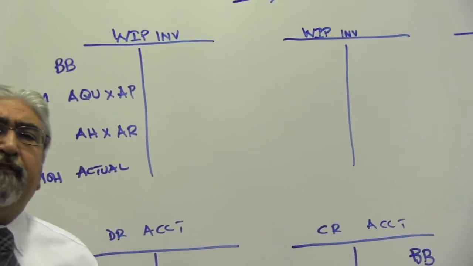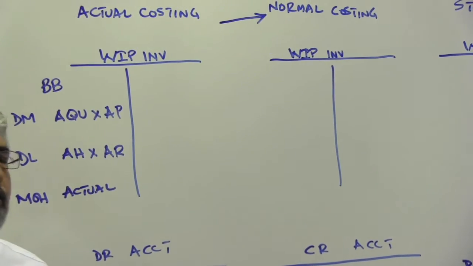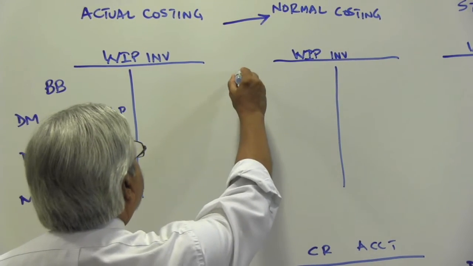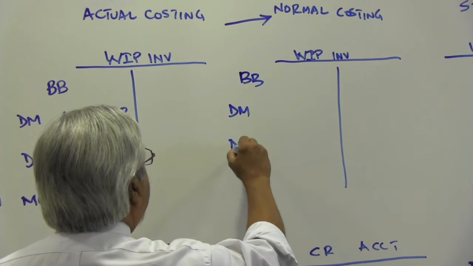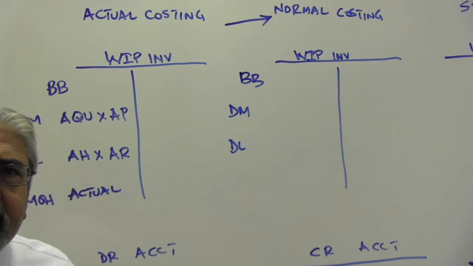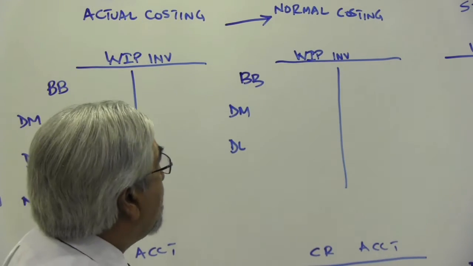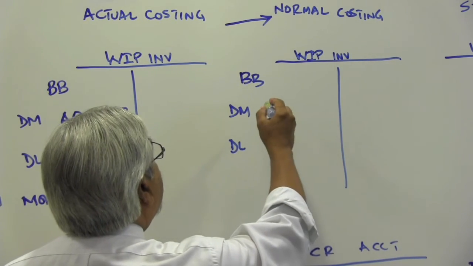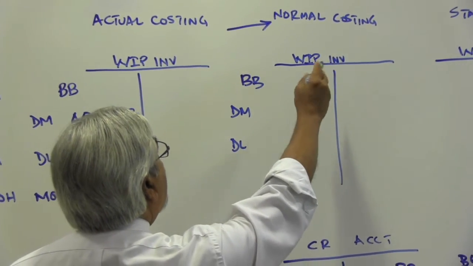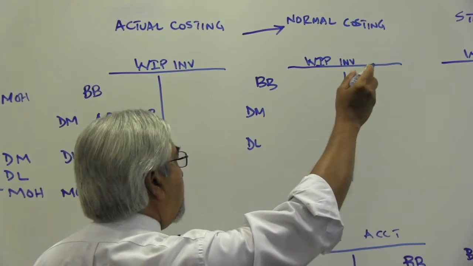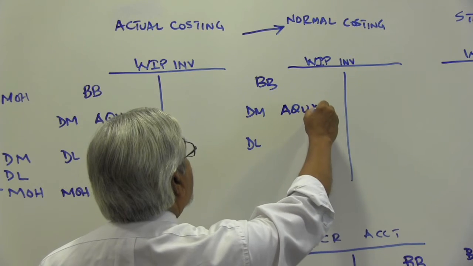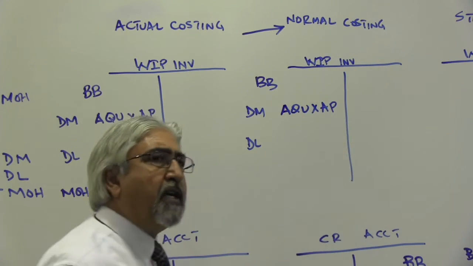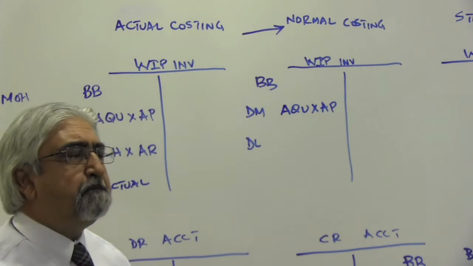There is no difference between actual costing and normal costing in terms of direct materials and direct labor. Just like actual costing, in normal costing, direct material costs debited to work in process inventory for the costs of the materials used in the factory is actual quantity used times the actual price.